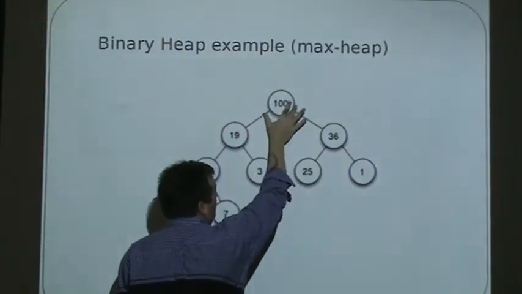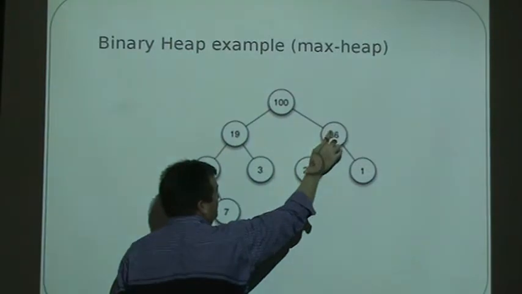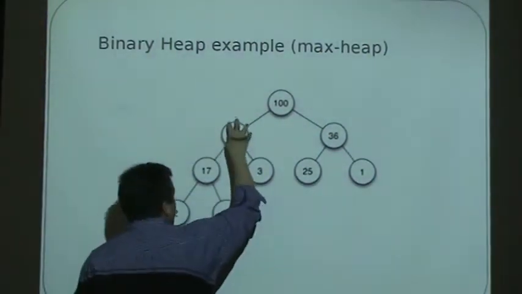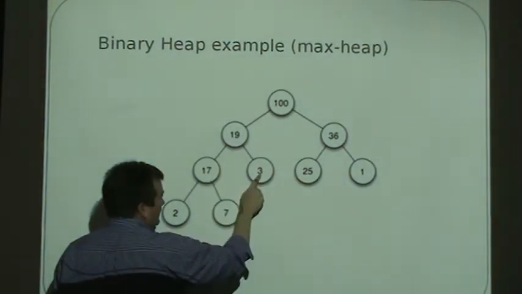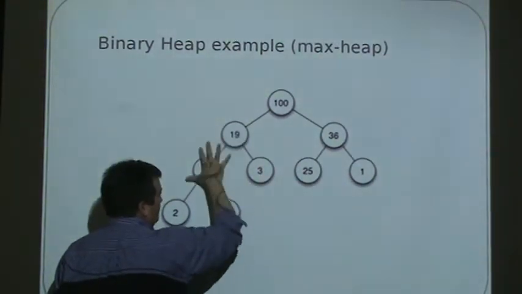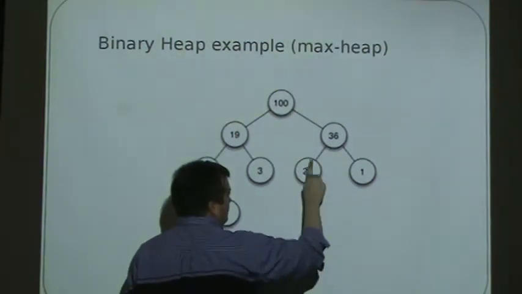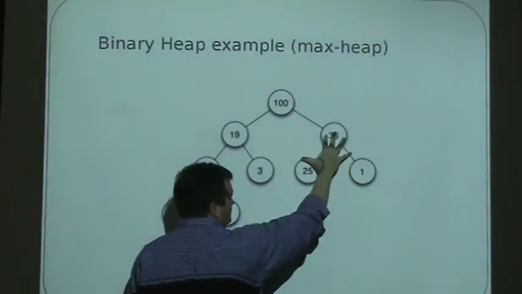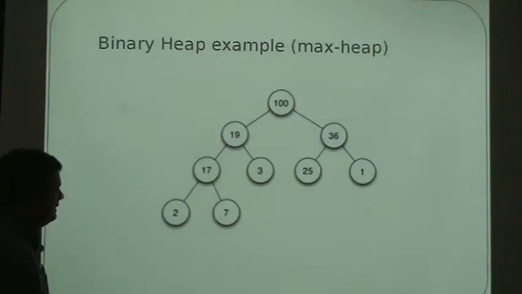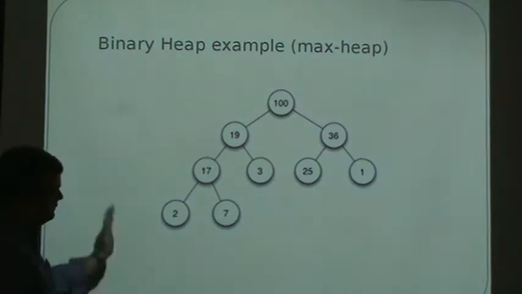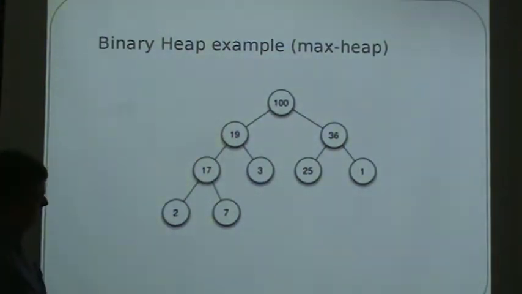So therefore, this node 100 and these 2 children nodes are correctly in a max heap. 19 is greater than 17, and it's also greater than 3. So these 3 nodes are in a max heap layout. 36 is greater than 25 and 1, so this is a legitimate max heap. And 2 and 7 are both less than 17. So this entire structure is a heap, a max heap.